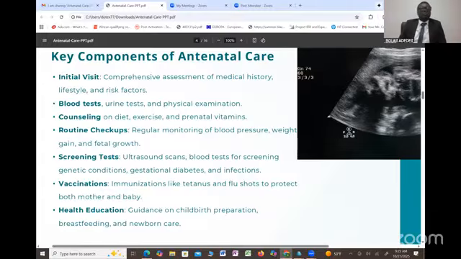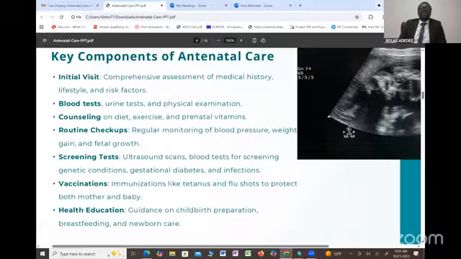Then we screen, along with diagnostic tools like ultrasound scan. This allows us to monitor the growth of the baby and to detect if we are suspecting fetal growth restriction. When there is a fetal growth restriction, it allows us to detect this on time.